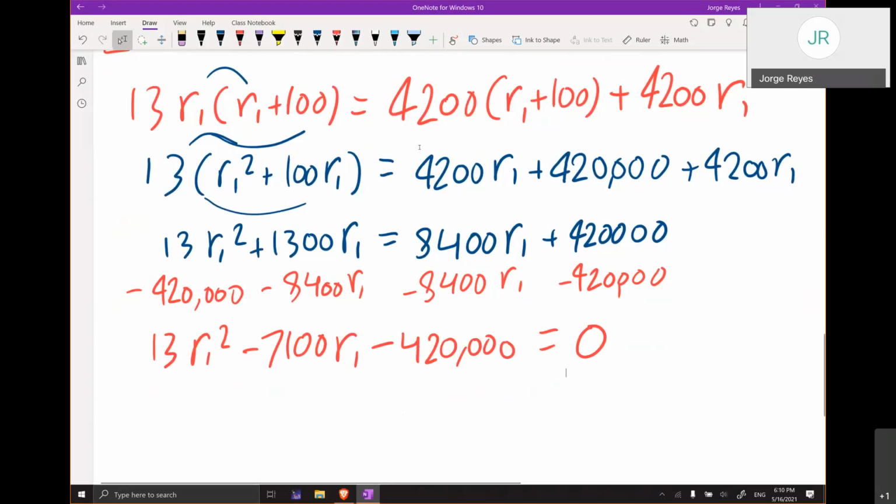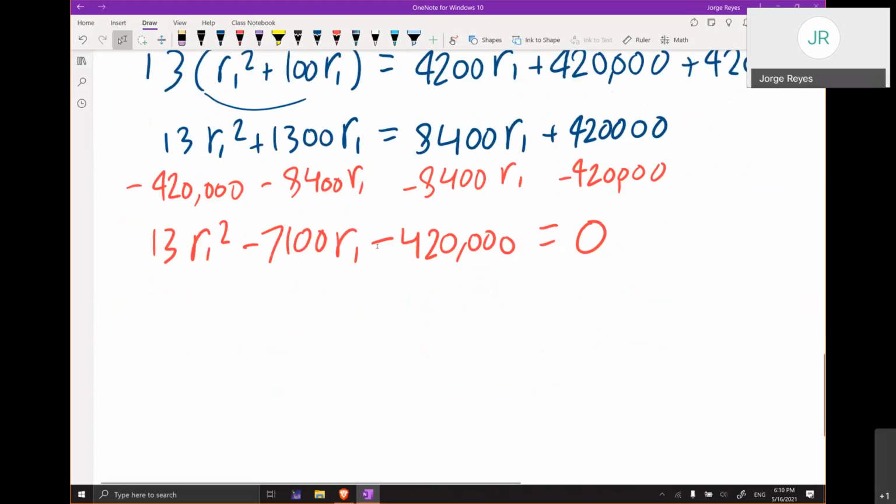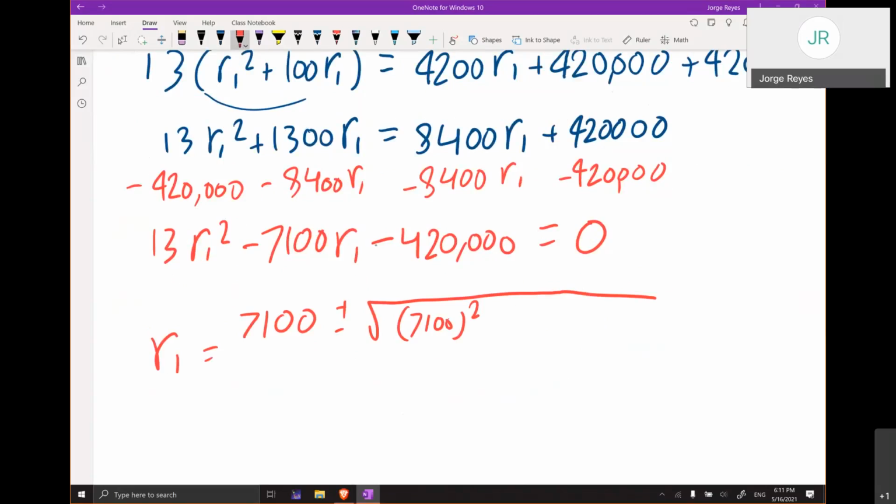You can slap this into the quadratic formula or complete the square, whatever you choose. I'm just going to use the quadratic formula. So R1 equals negative b plus or minus the square root of b squared, should be a negative sign here, but it doesn't matter, minus 4 times 13 times negative 4,200,000, all divided by 2a.